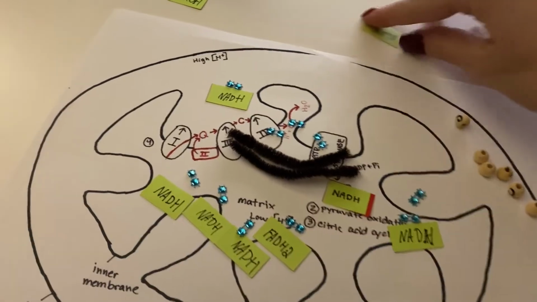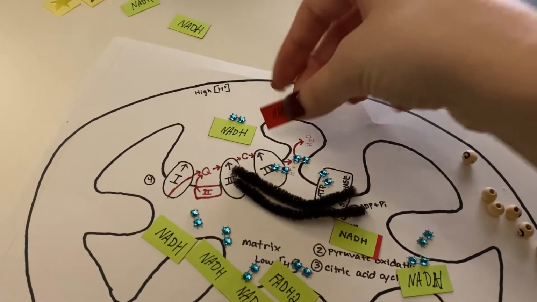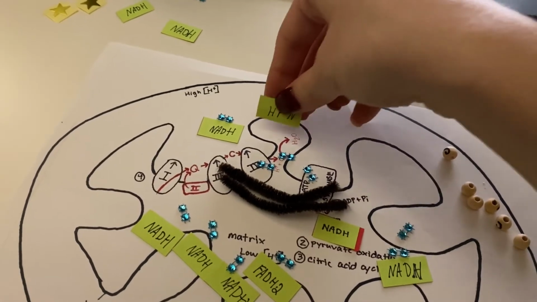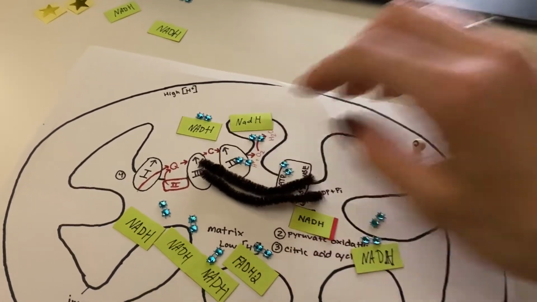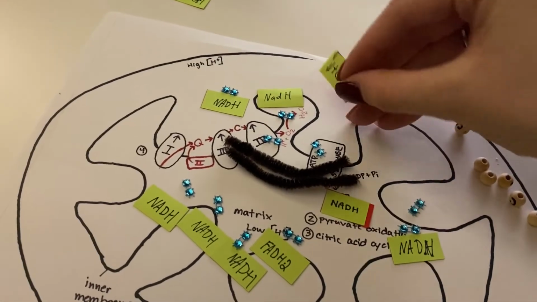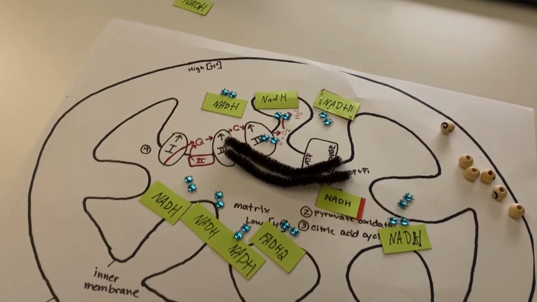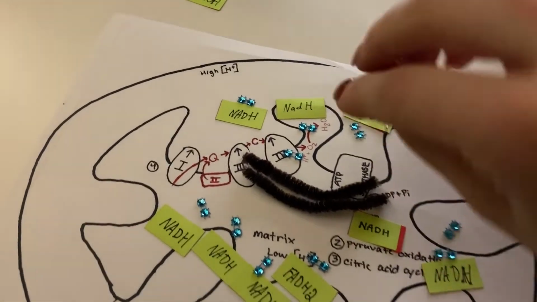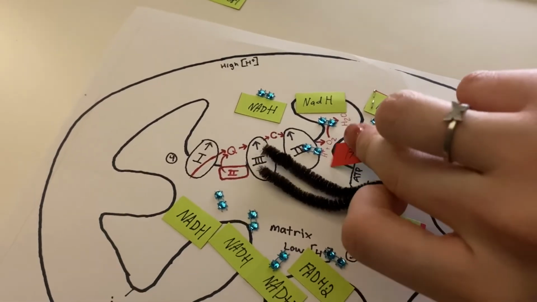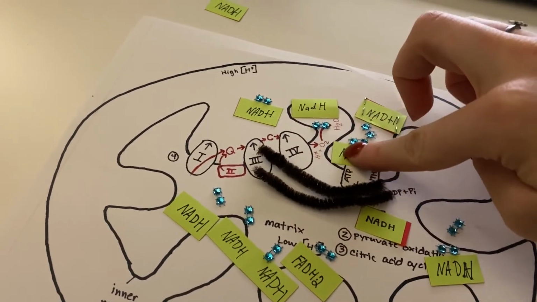Oh, that's upside down. Oops. And then turns into NADH, takes 2 electrons. And the last NAD plus takes 2 electrons and reduces into NADH. And then an FAD comes in again and reduces into an FADH2 and takes 2 electrons.